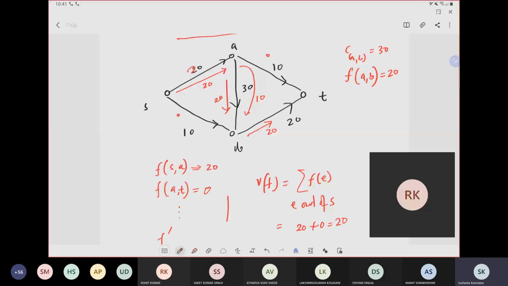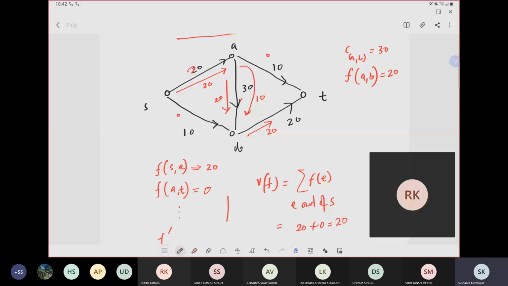Whether it will violate the conservation rule or not, that's a secondary question. But I can still push forward another 10 units of flow along this path because this link is not fully filled up. This link is not fully saturated. So that is the concept.